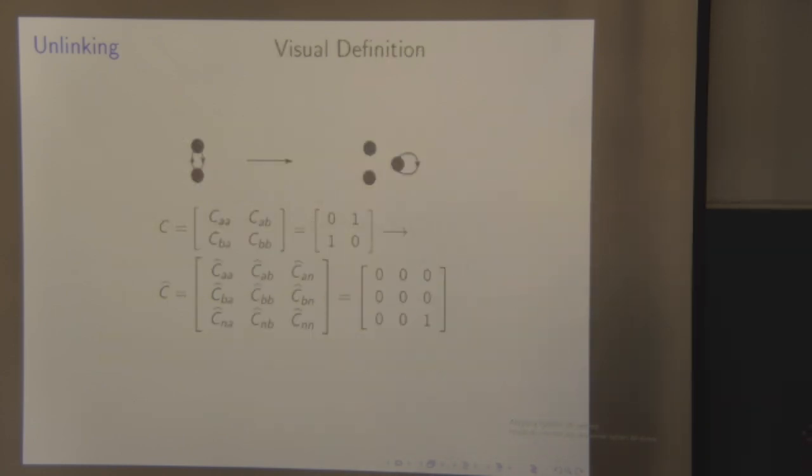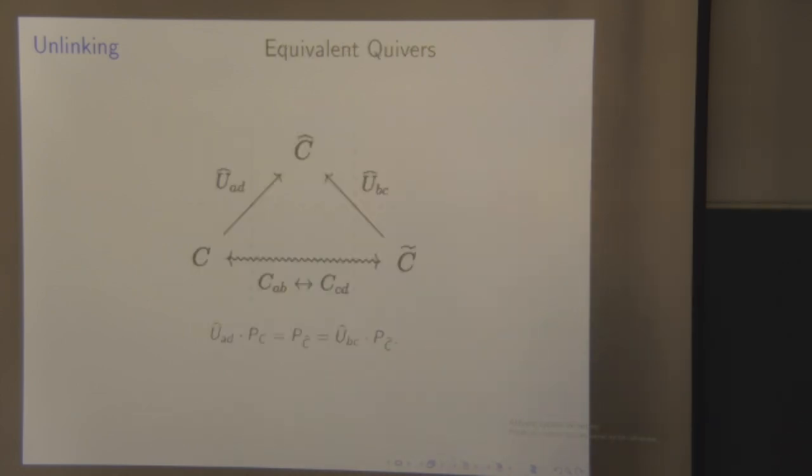The graphical representation is pretty intuitive. If you have a quiver of two nodes, you can remove this linking and add an extra node, so you get a quiver of three nodes. That's why we literally called it unlinking. So the quiver matrices start from this 2 by 2, and you end up with this 3 by 3. So far so good.